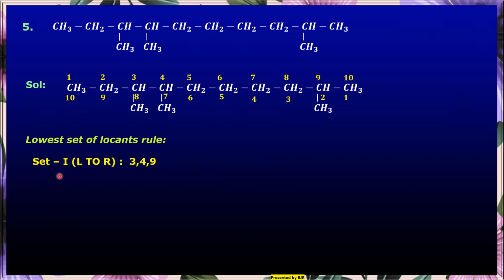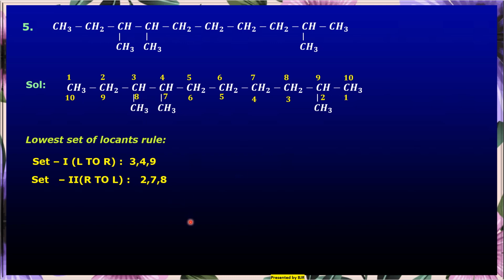In set 1, left to right, the third, fourth and ninth carbon atoms have methyl group substituents, so 3, 4, 9 are the locants from left to right. From right to left, they are 2, 7 and 8.